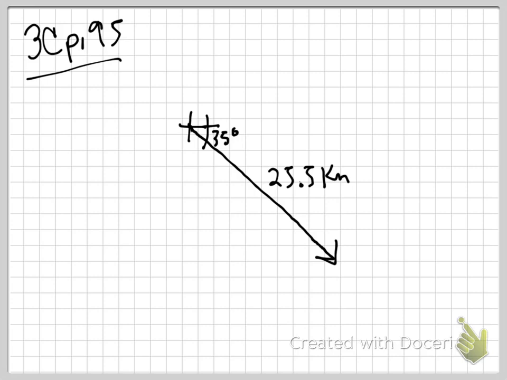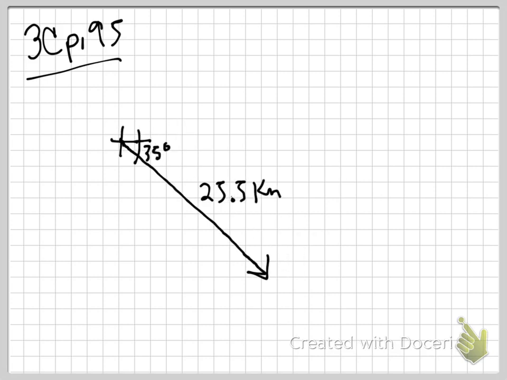Don't make a 25-kilometer line the same length as a 10-kilometer line. That should be roughly half, but you don't have to be terribly precise about it.